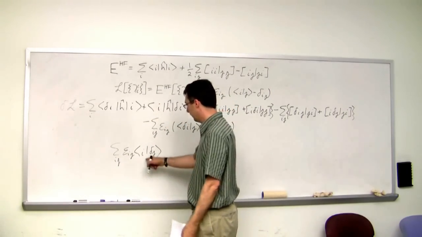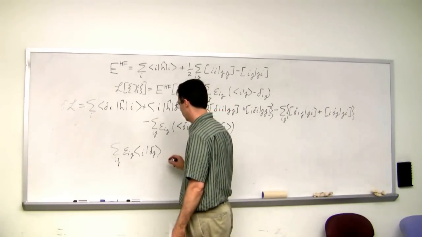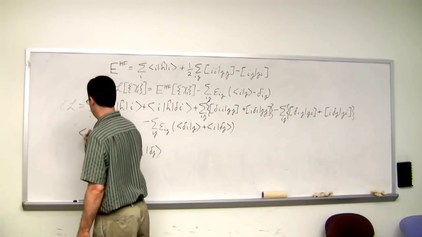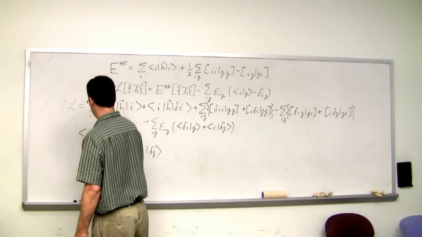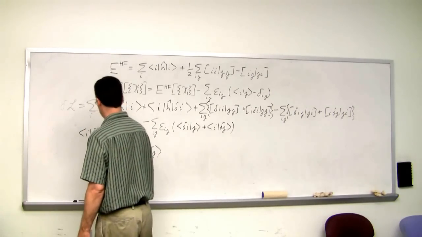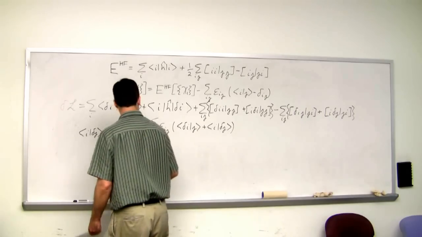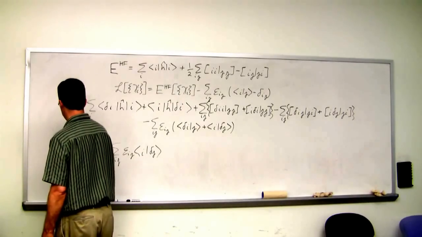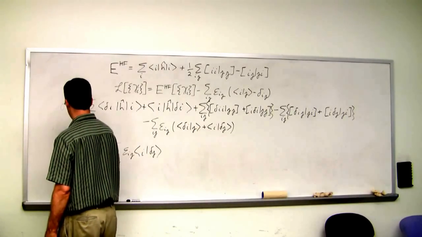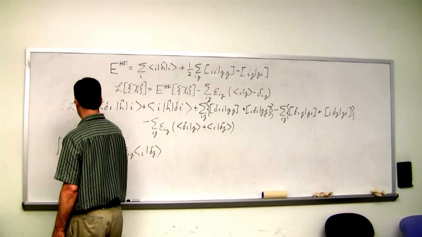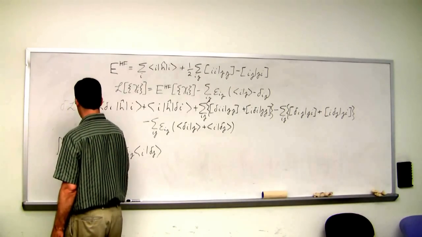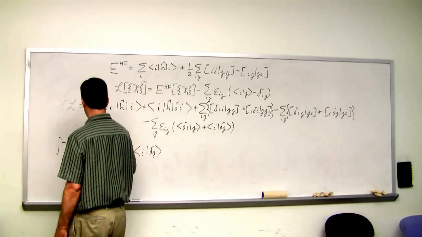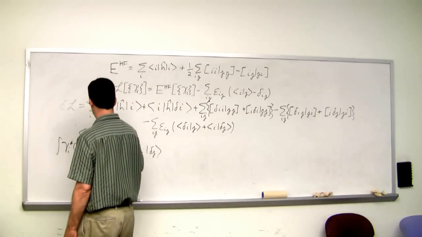And what is the symbol again, to make sure nobody's getting lost? i delta j would mean the integral of chi i star of x1 times this delta chi j of x1 dx1.